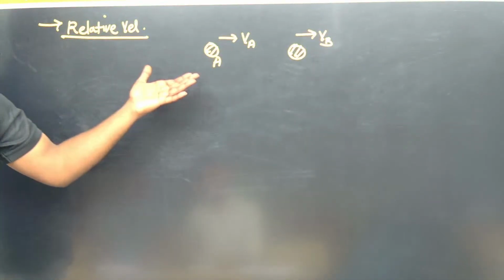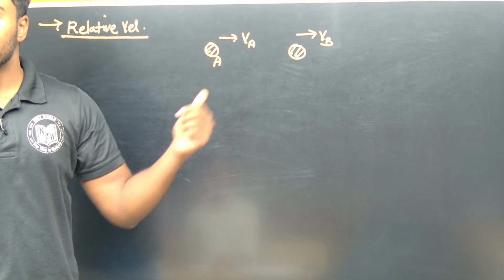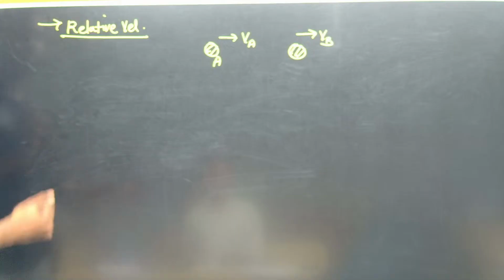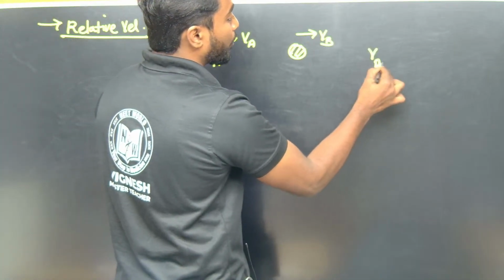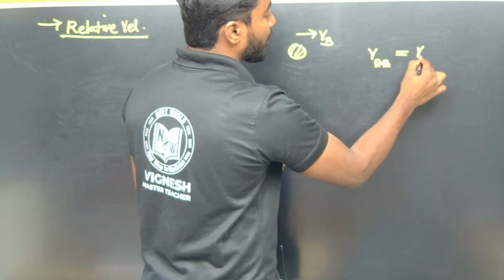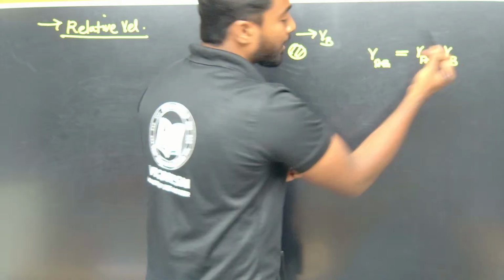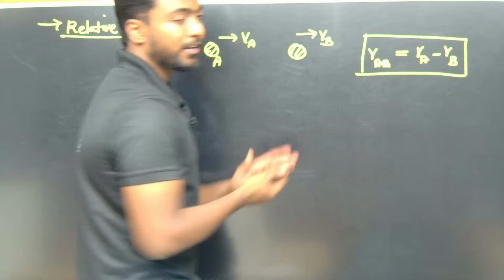Not only for velocity, for position, acceleration or displacement, anything will have the same formula. Suppose I take position: the position of A with respect to B, RAB, is nothing but position of A minus position of B. This is the common and general formula for relative.